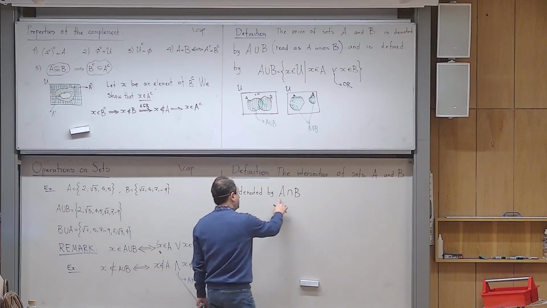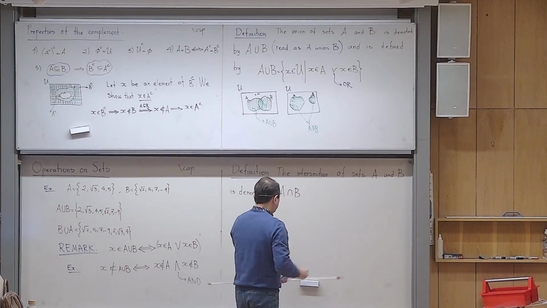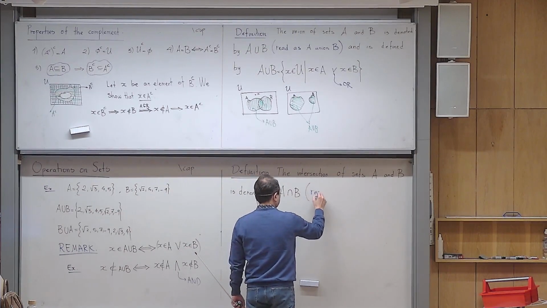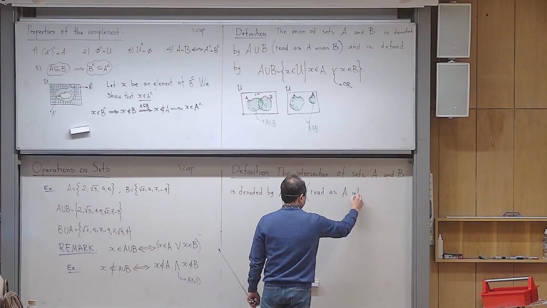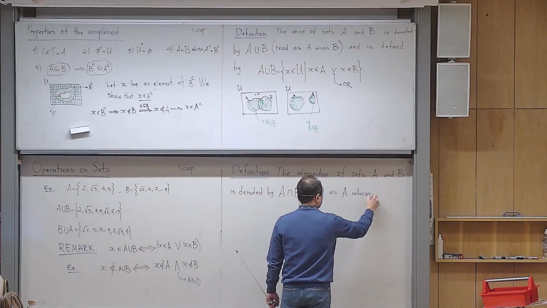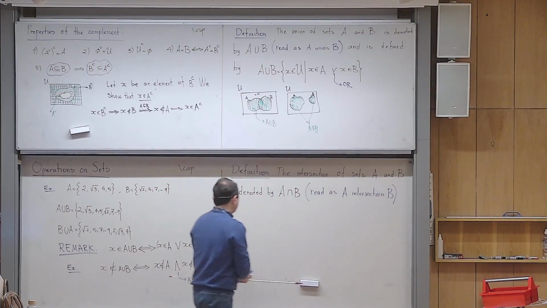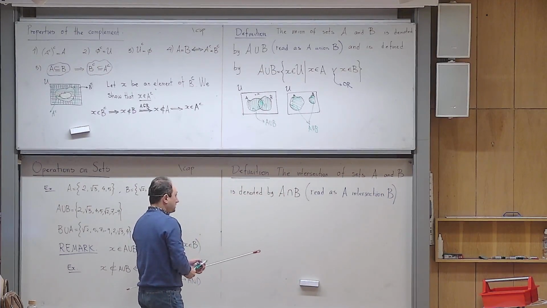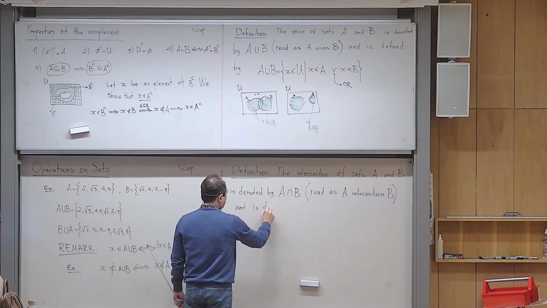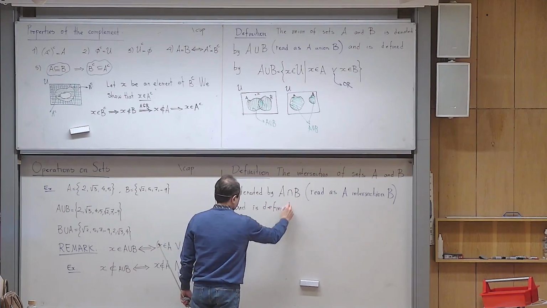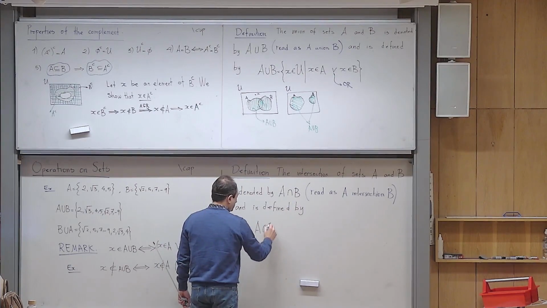Yes, so A intersection B, so read it as A intersection B. It is denoted by this symbol and is defined by A. So okay, let us repeat it again together.